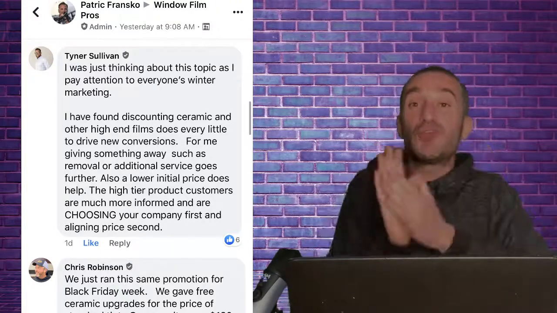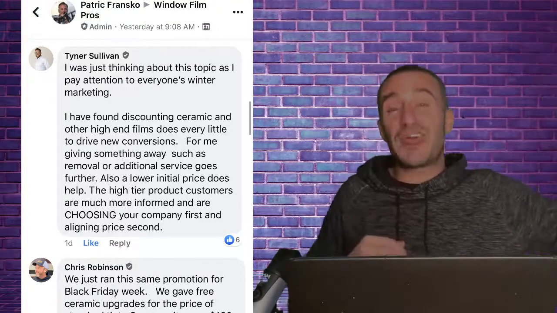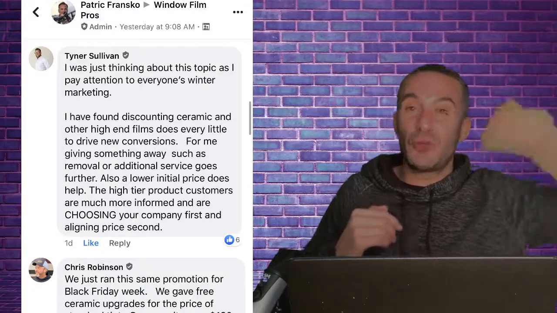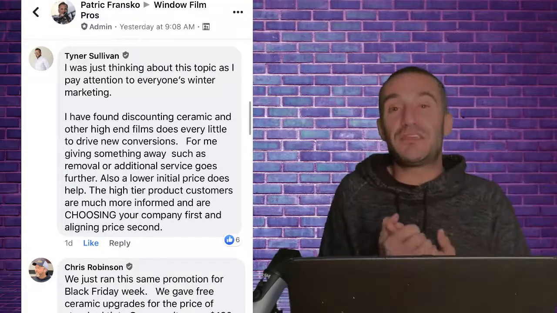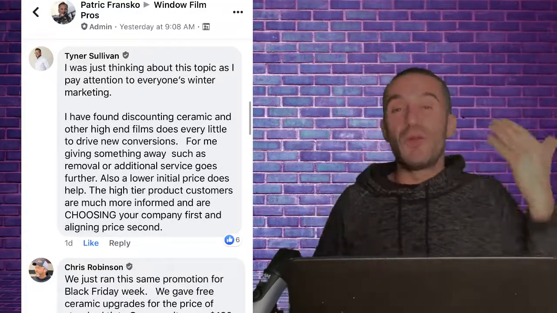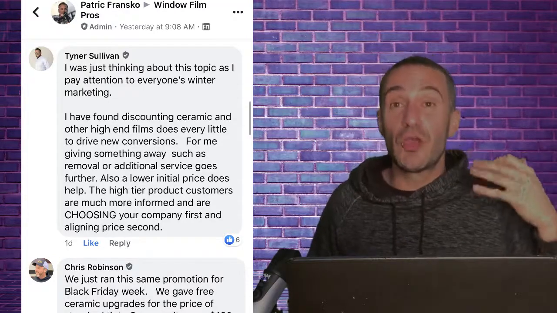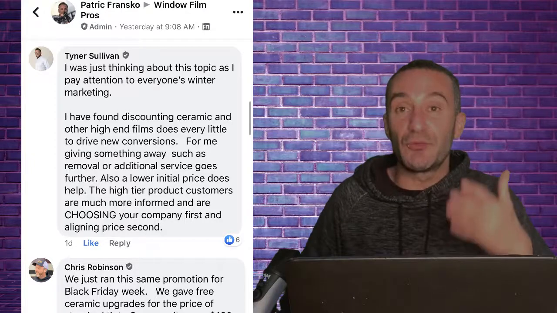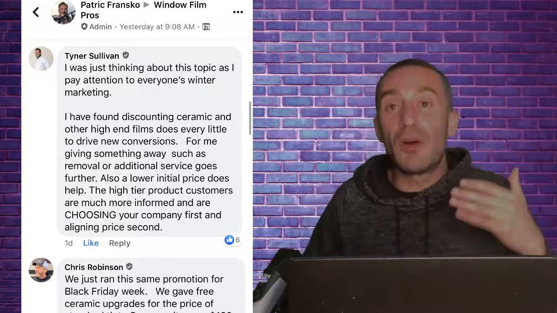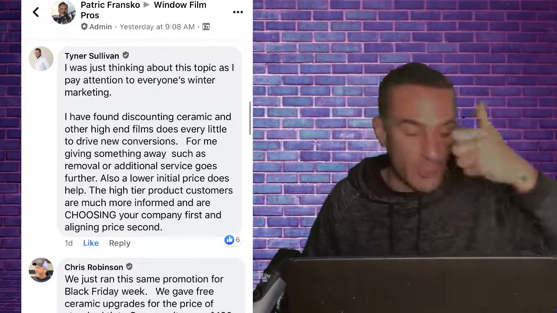Once they're in the door, you can try and convert them to a discounted higher end top tier film. That's where you discount that ceramic down. They see that they're going to get a huge value. When they were calling shopping for price, they probably didn't even know that such quality films existed and that heat rejection was something they could get. So again, you want to get them in the door, then you want to upsell them.